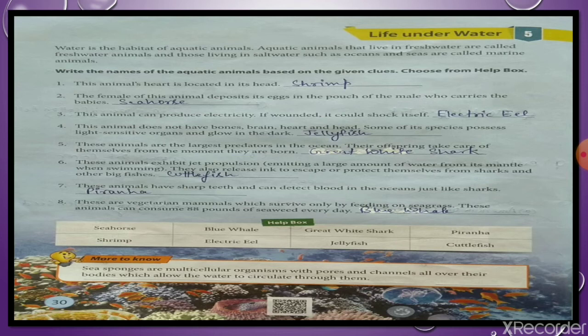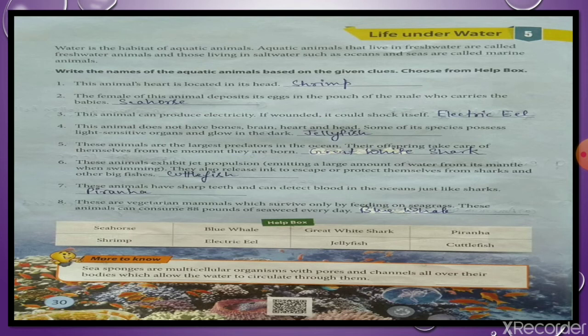Then sixth one, these animals exhibit jet propulsion, emitting a large amount of water from its mantle when swimming. They also release ink to escape or protect themselves from sharks and other big fishes, and they are cuttlefish.